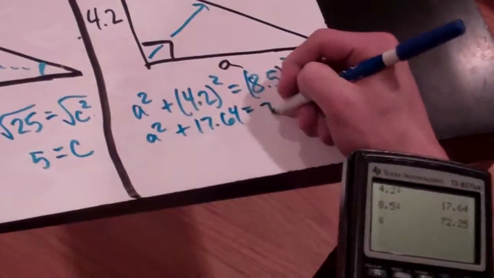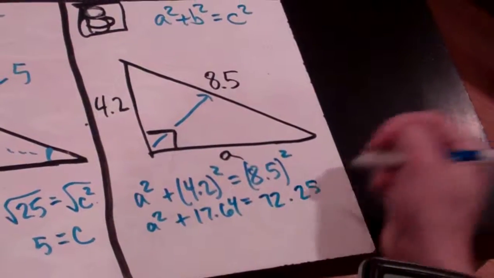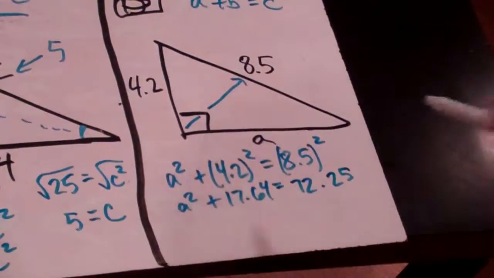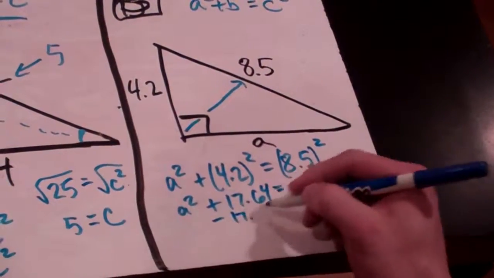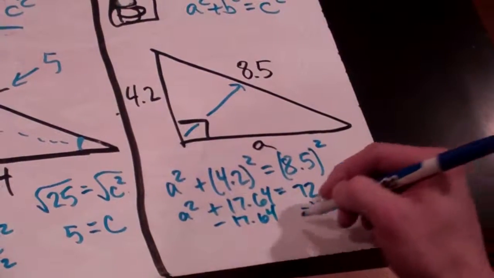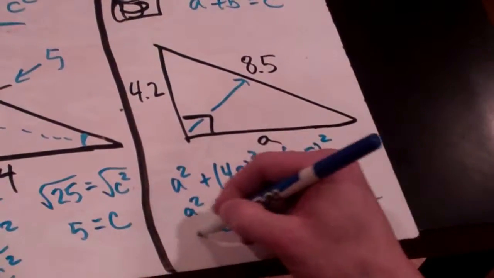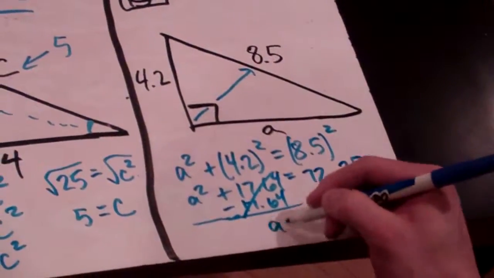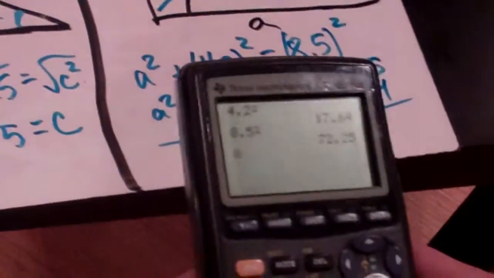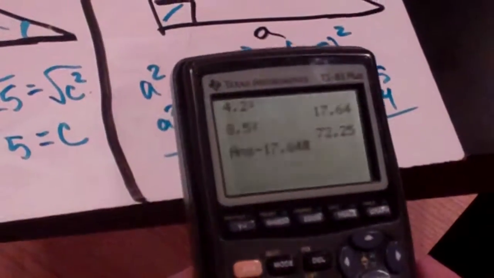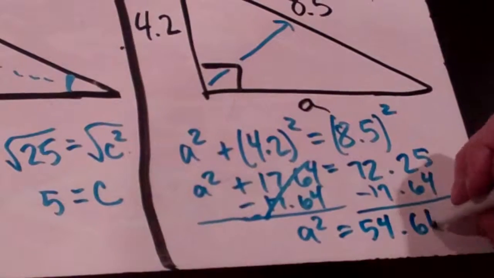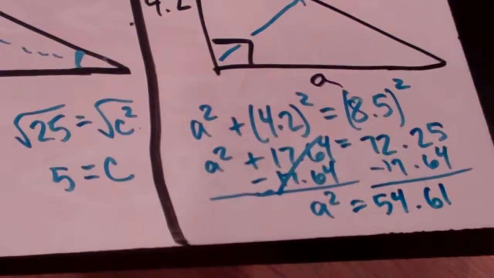So plug that in as well. I get 72.25. I'm trying to figure out what A is, so I got to get rid of my 17.64 on both sides. Boom, boom. This will cancel. I get A squared is equal to 72.25 minus 17.64. That gets me 54.61. Don't stop there.